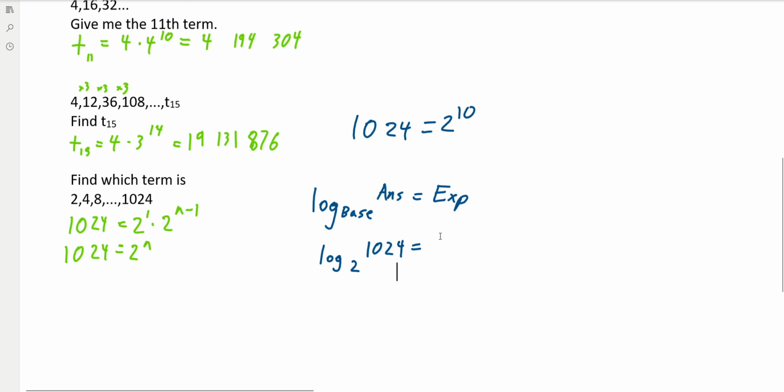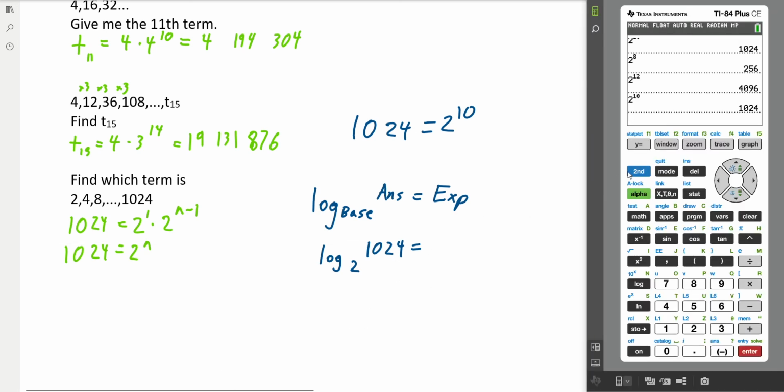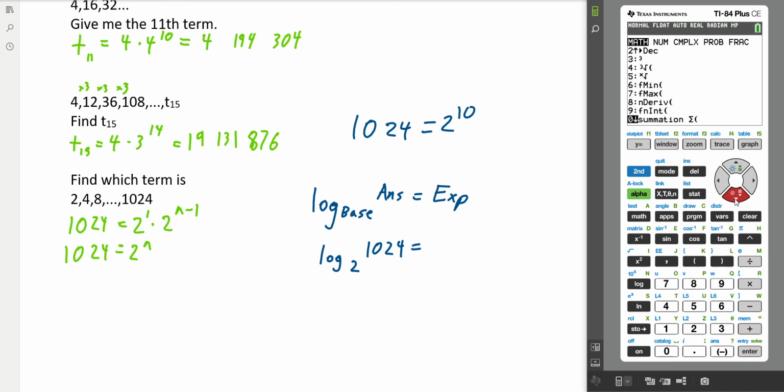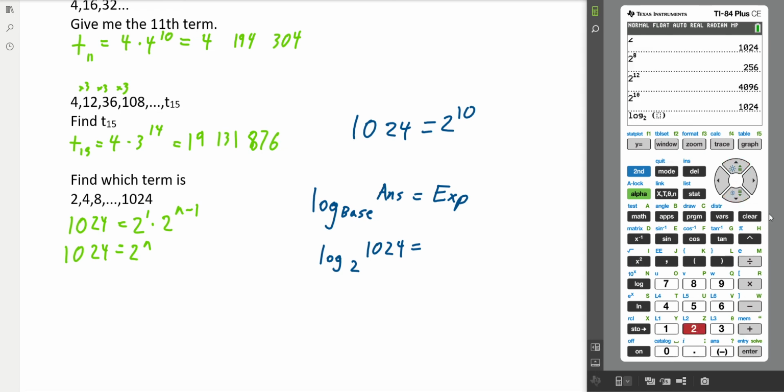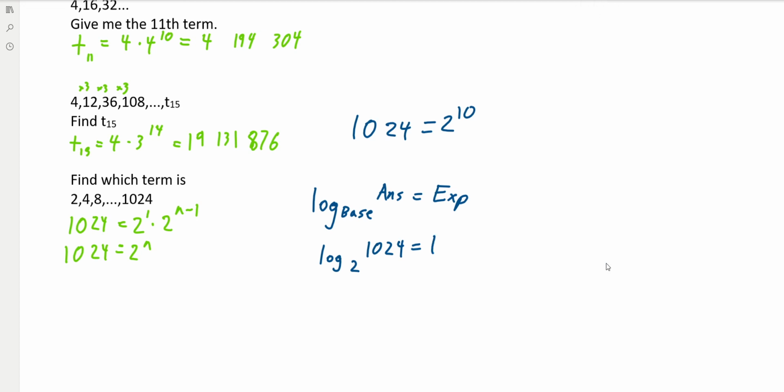What is the exponent? Well, let me show you how to write that in your calculator. If you click math and you go down to log base, it lets us put in whatever base we want, and we can type in our answer, and it gives us our exponent is 10. Okay, so logs are actually one way, or the proper way, of solving for exponents.